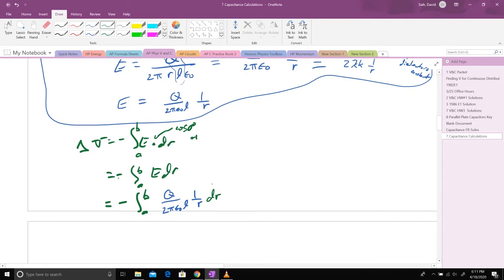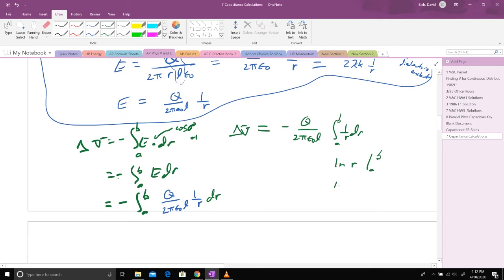So all those constants are just going to kick outside of the integral. So my delta V is going to be negative Q over 2 pi epsilon naught L, and I just have the integral of 1 over r dr from A to B. The integral of 1 over r is going to be the natural log of r evaluated from A to B.